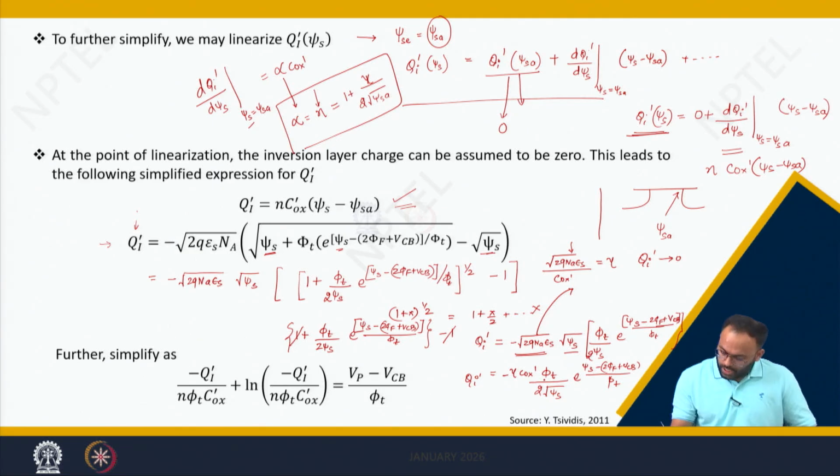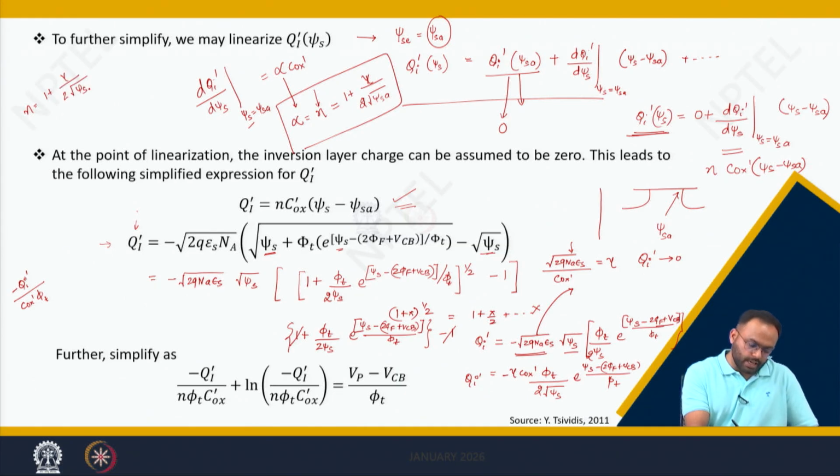Now if you rearrange the terms, you will get minus Qi dash divided by Cox dash into phi t, and this gamma by 2 times square root of psi s can be written as n, because n is nothing but 1 plus gamma divided by 2 times square root of psi s, where n is approximately gamma divided by 2 times root psi SA, where this is the expansion point, so we need to write psi SA.